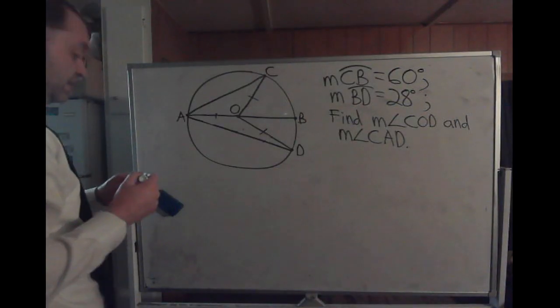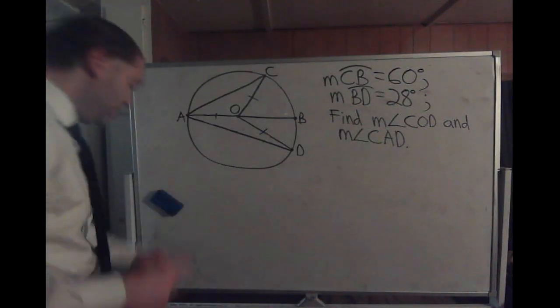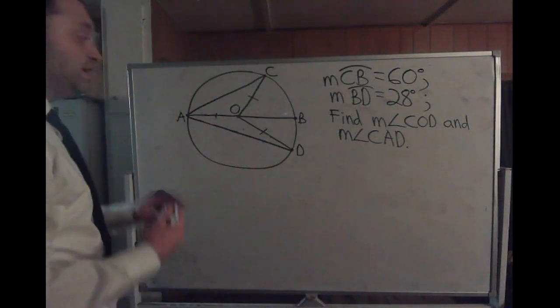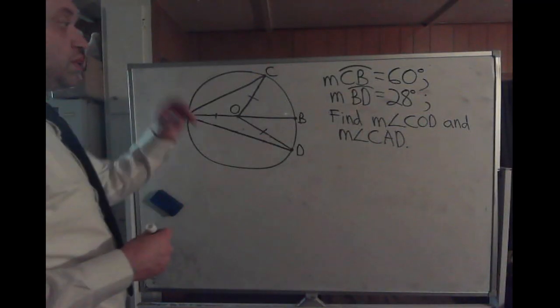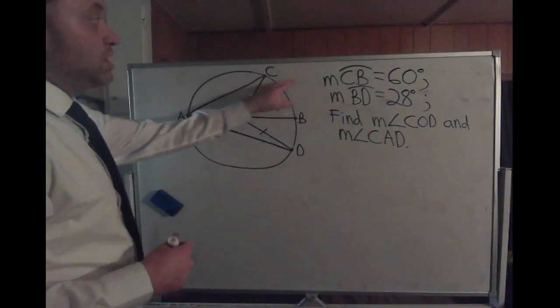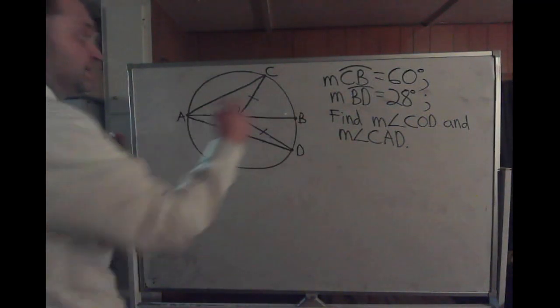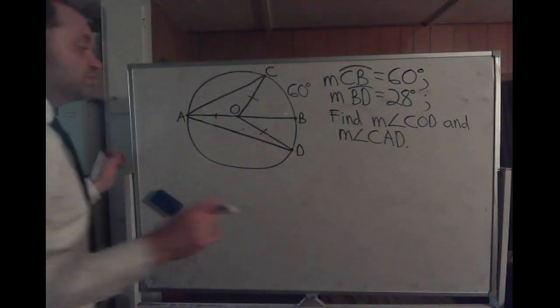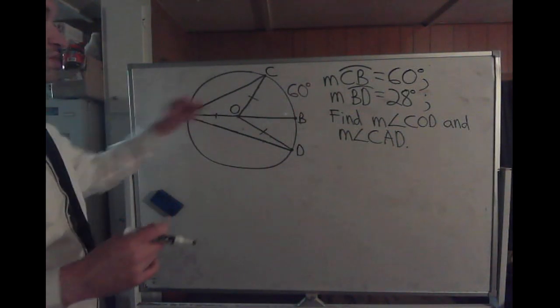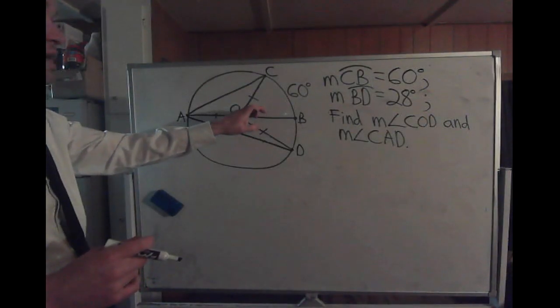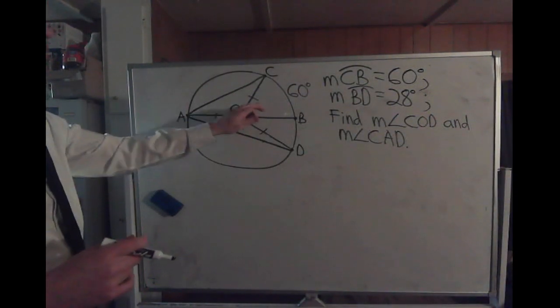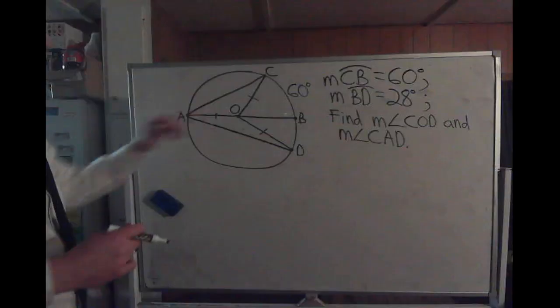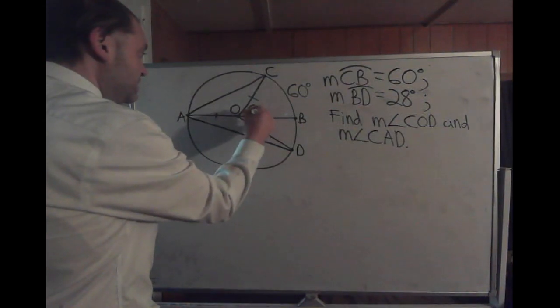So, let's start with what we know before we try to find anything. We have here the measure of arc CB is 60 degrees. Wouldn't that have to mean then that the measure of angle COB, being the central angle to that, would also have to be 60 degrees?